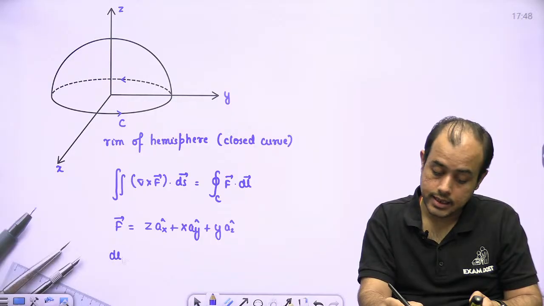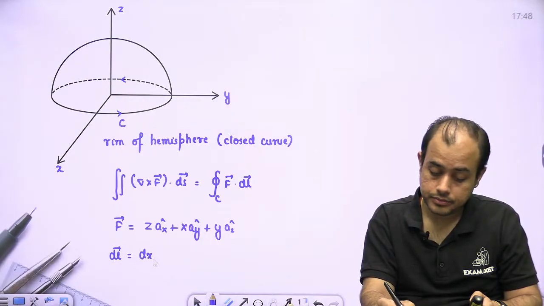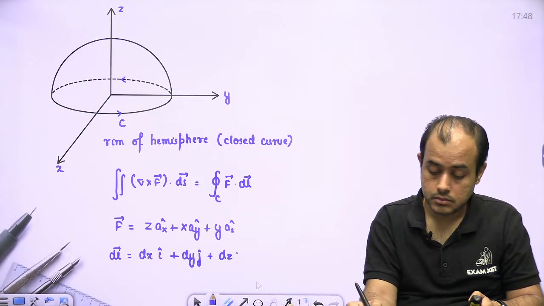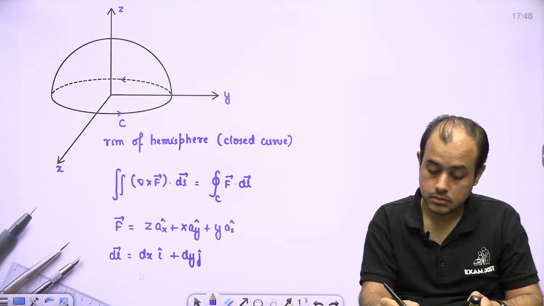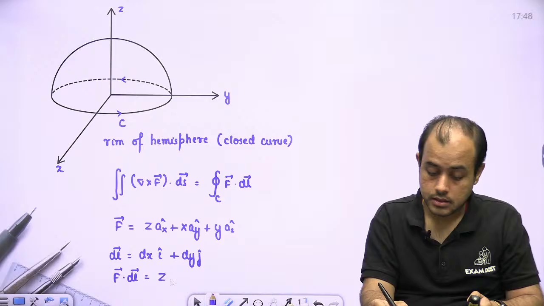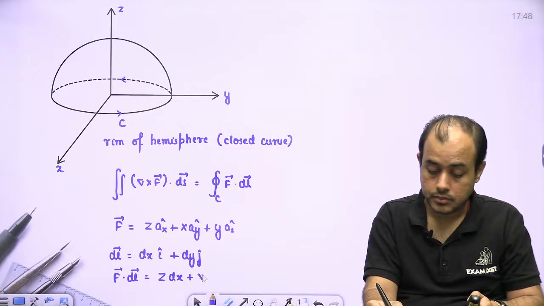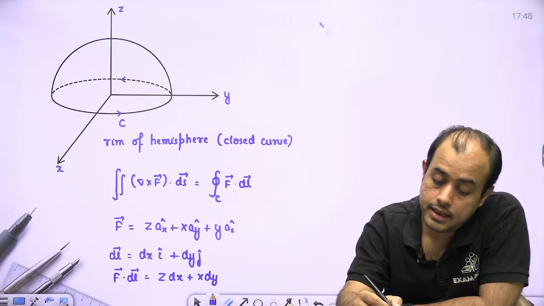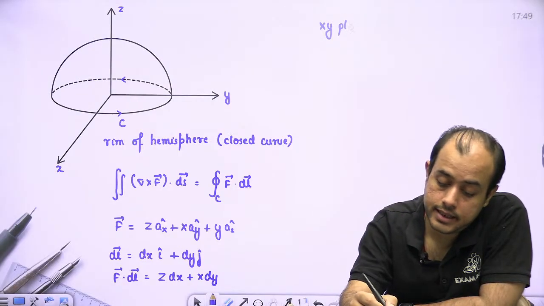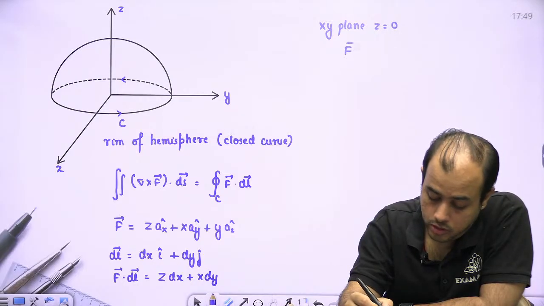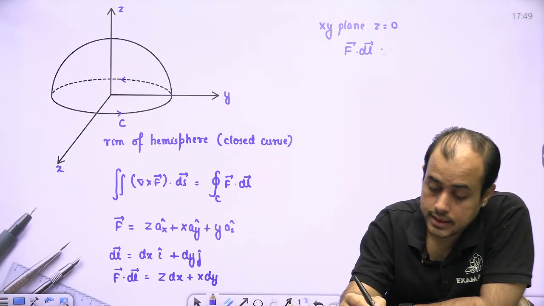Now dl in the xy plane. F dot dl. ठीक है. Now beta, in xy plane z is 0. So F dot dl becomes x dy.